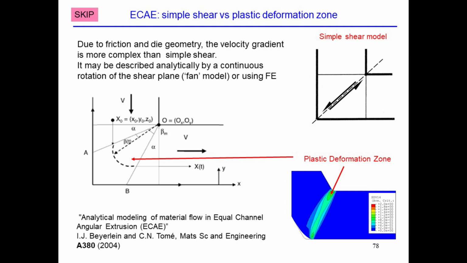We proposed a way of doing this gradual rotation of the shear plane using an analytic model, which gave very good results, and we published that many years ago with Irene Beyerlein. I'm not going to go into that, but imagine a plane that is rotating where shear is taking place. As you approach the center, the shear rate is maximum, and as you move away, the shear rate goes to 0.